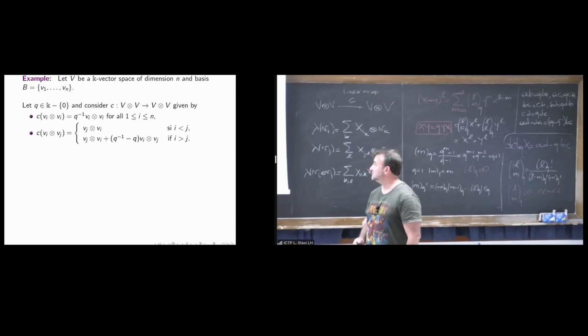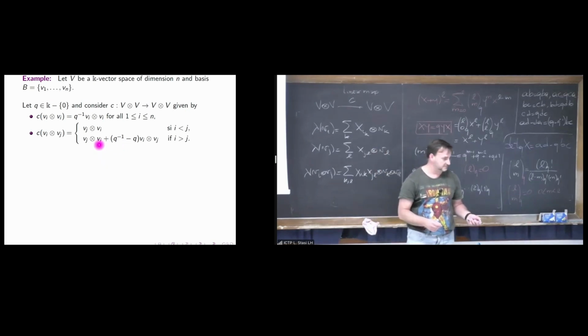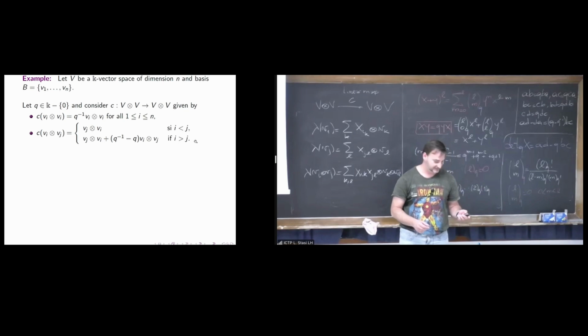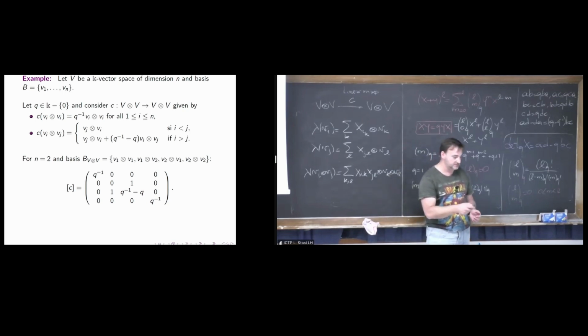So, an example. Let's take, for example, V of dimension n, and the endomorphism with this formula. Just take the formula like this, and with this formula, for example in 2 by 2, we have this matrix. The basis I'm taking in 2 by 2 is ordered like this: v1 tensor v1, v1 tensor v2, v2 tensor v1, v2 tensor v2.